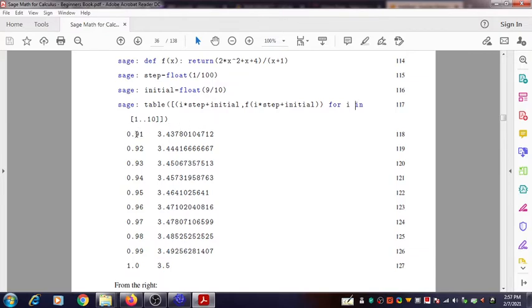And then corresponding to that value, after putting a comma, you are asking the Sagemath system to find the function value. So when f is written, that means you are calling the function. The function f is defined here. That function is 2x squared plus x plus 4 divided by x plus 1.